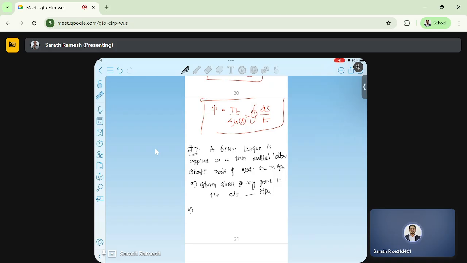Next, we need to find the angle of twist per unit length of the shaft in terms of 10 to the power minus a radian per meter.